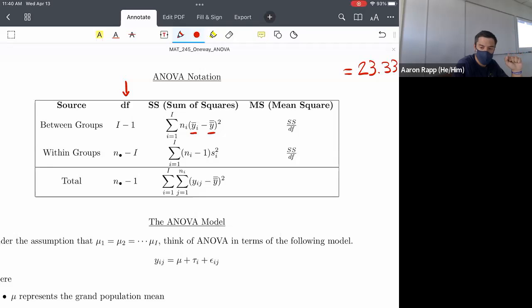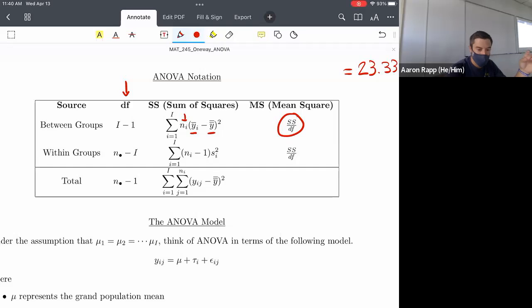So I take that difference and I square it, multiply it by that sample size, and add each of those up together. Once I have that, I'm looking for the mean of those sum of squares, called the mean square. So I take the sum of squares and divide by the degrees of freedom, which is I minus 1.